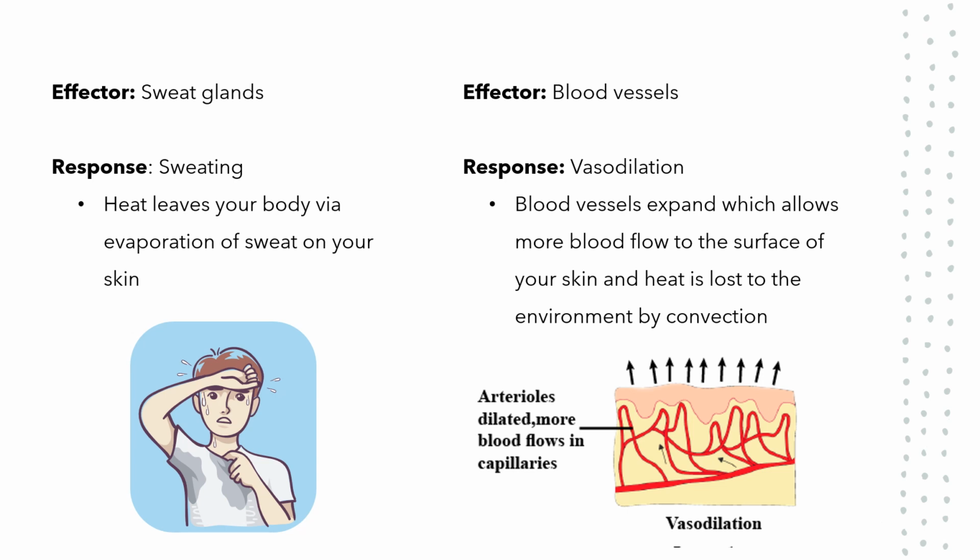So the blood vessels expand, allowing more blood flow to the surface of your skin, and heat is lost to the environment by convection. So these are two ways that your body will try to increase the heat lost to the environment, therefore reducing your internal body temperature and maintaining homeostasis.